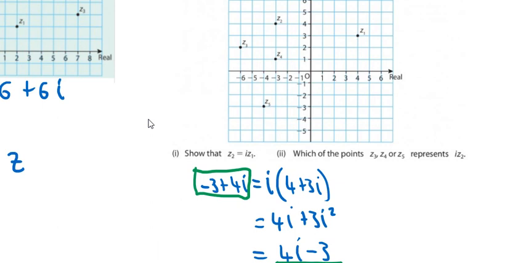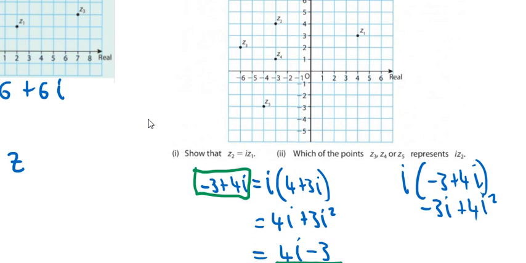If you wanted to show it numerically, we'll do i multiplied by z2. So z2 is minus 3 plus 4i. i multiplied by minus 3 is minus 3i. i multiplied by 4i would be plus 4i squared, and because i squared is minus 1, really that's minus 3i minus 4, which is the same thing as minus 4 minus 3i.